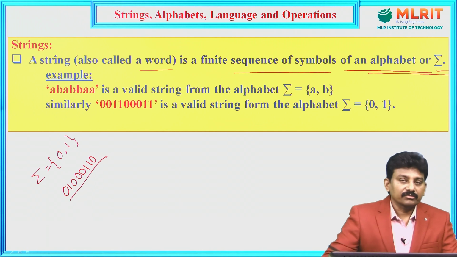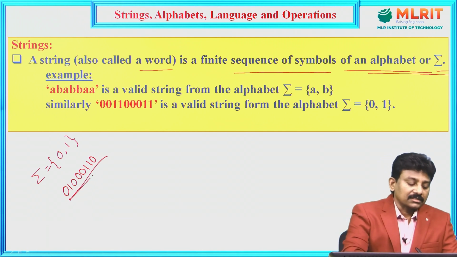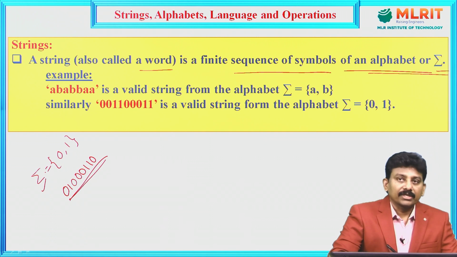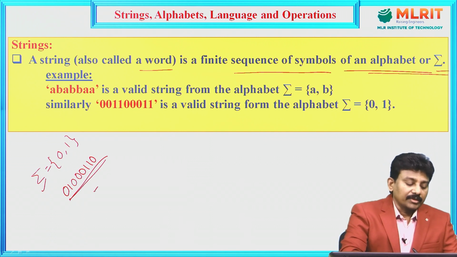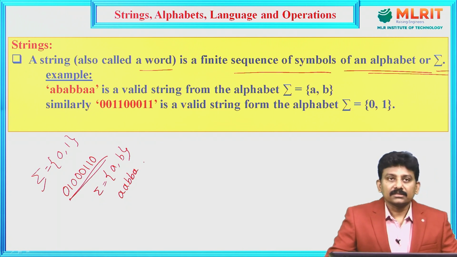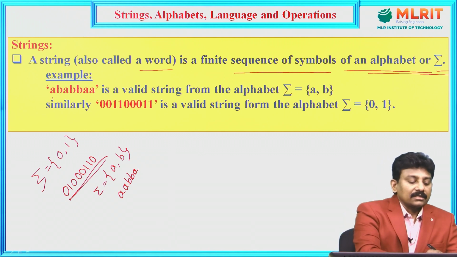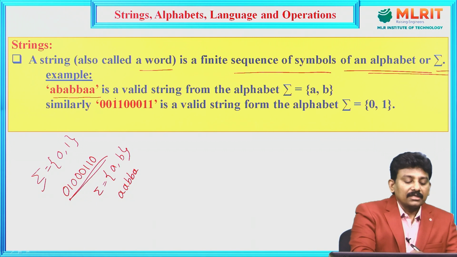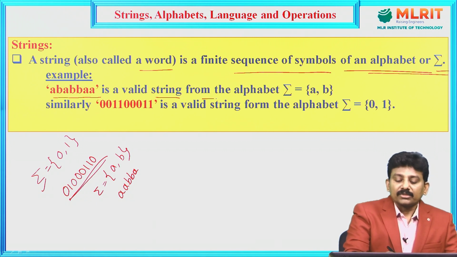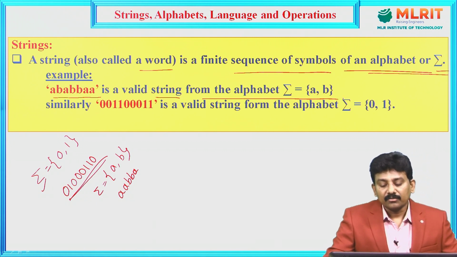It is a string. This string is constructed over the binary alphabet sigma, 0, 1. Another alphabet A, B. So, the string may be A, B, B, A, B, B, A. Sequence of symbols is a string. See here A, B, B, A is a valid string from the alphabet sigma is equal to A, B.